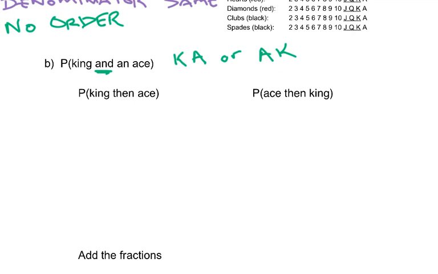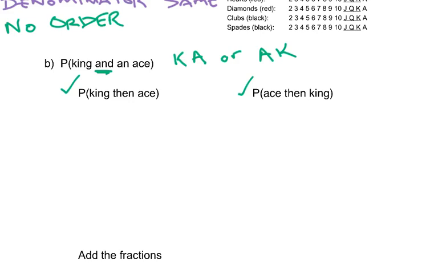There's no specific order listed there. So in this situation, what we do is we find the probability of a king, then an ace in that specific order. We also find the probability of an ace, then a king in that specific order.